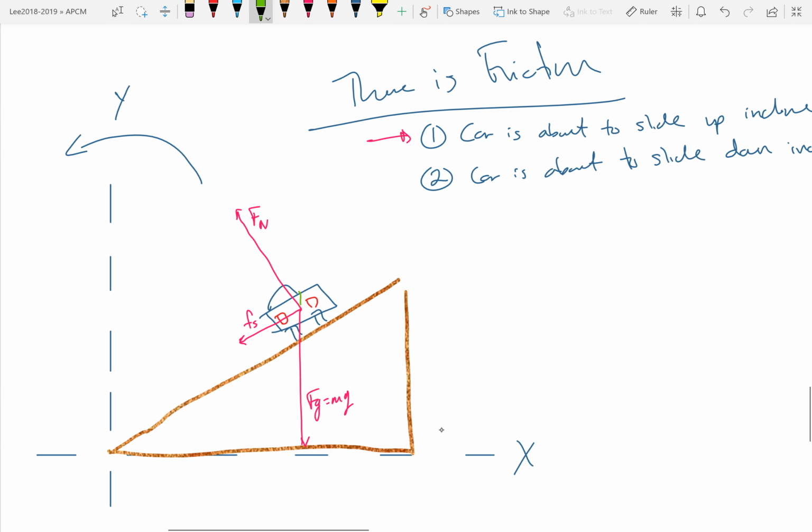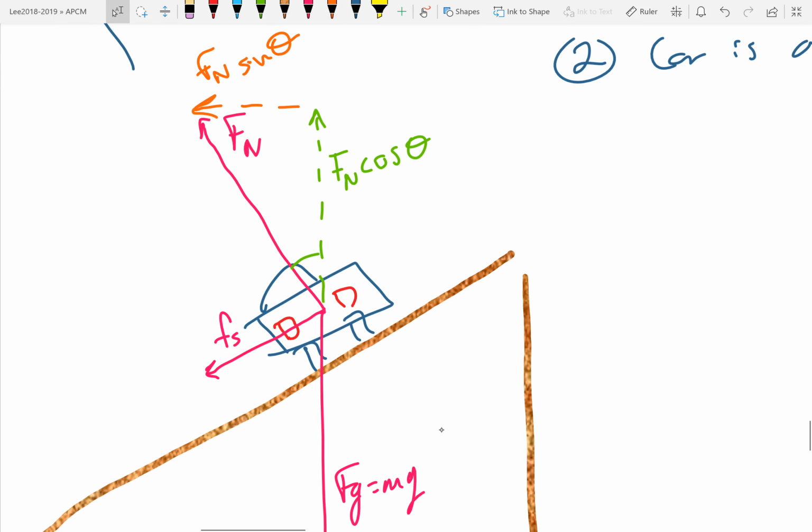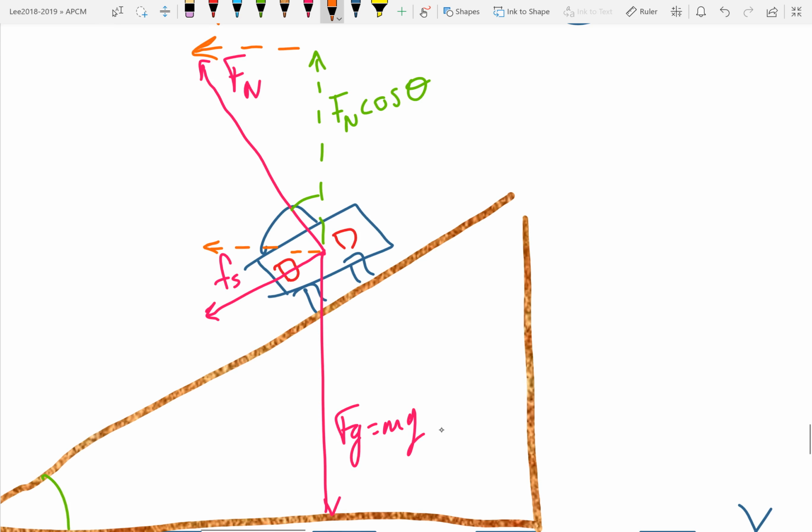Let's resolve these forces. Normal force, F normal times, there's theta. F normal cosine theta is right there. And then we had orange, F normal sine theta. And now I have to do the same for my static friction. So here's the horizontal component of my static friction. Where's the angle?